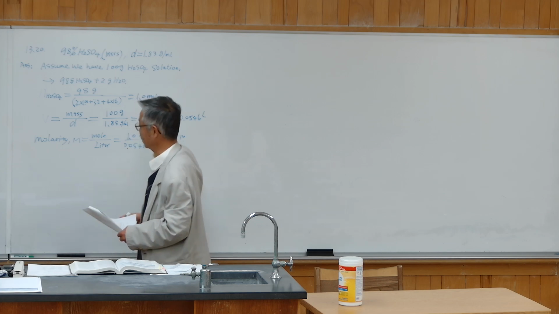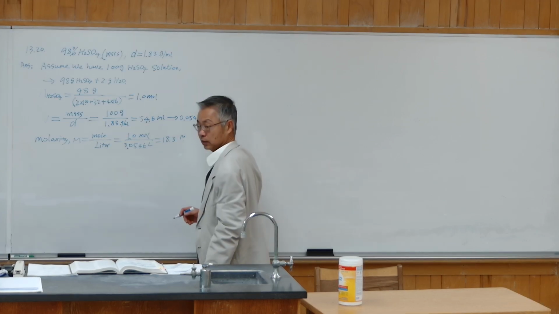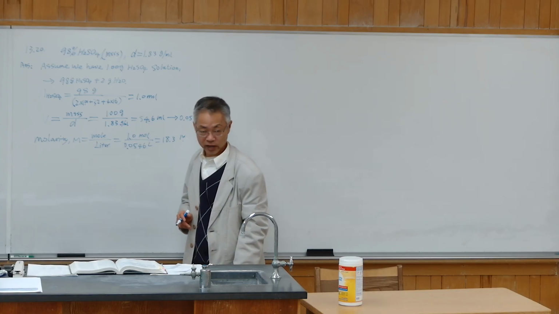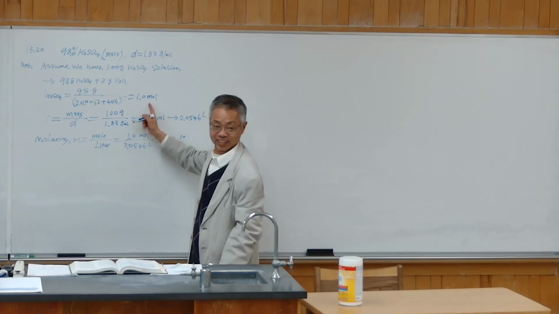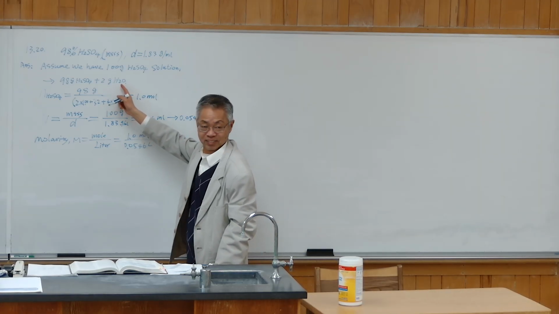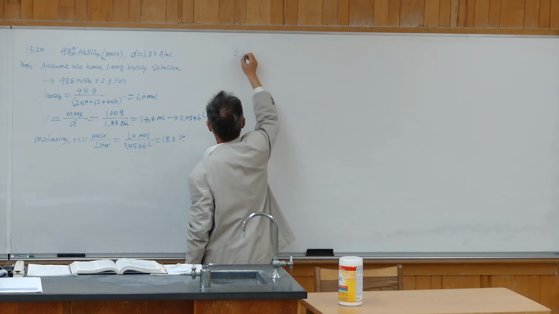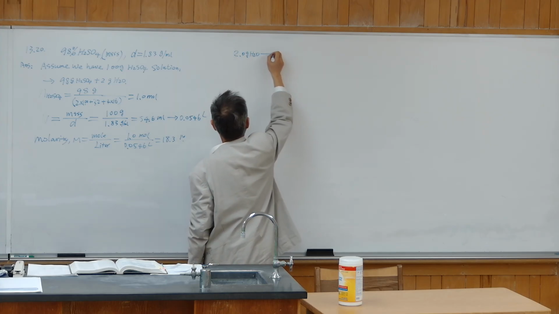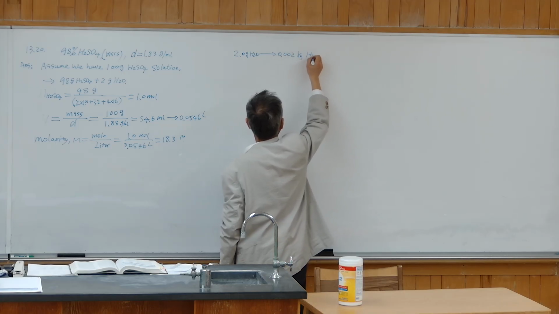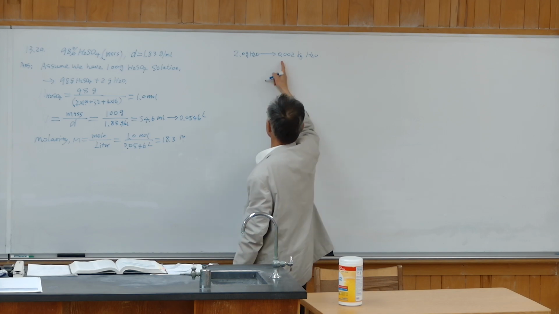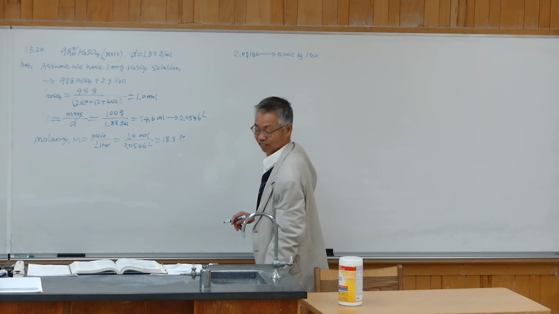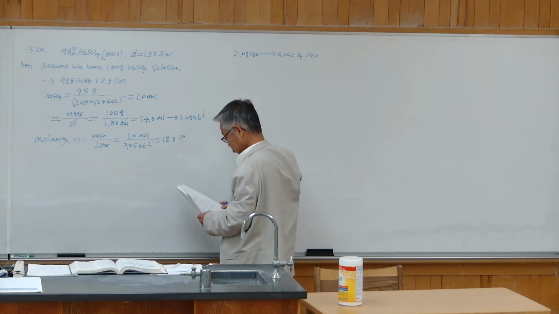This is molarity. Okay. The molality is moles divided by kilogram of solvent. Moles is the same, right? And we need to figure out the kilogram of solvent water. 2 gram water, convert to kilogram, divided by 1000, 0.002 kilogram. Then we can calculate molality.